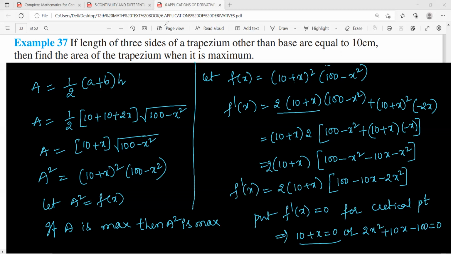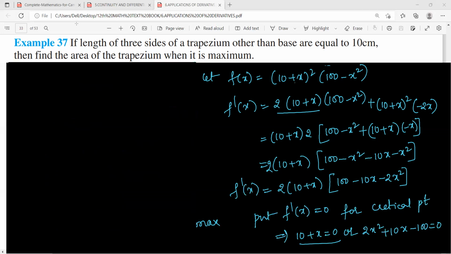But for the first one, you can't say 0. 10 plus x, x cannot be minus 10, so this is not possible.